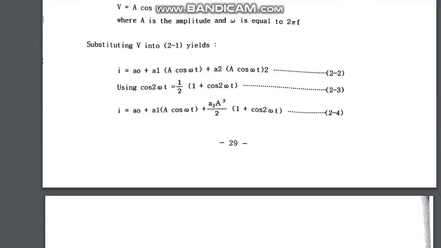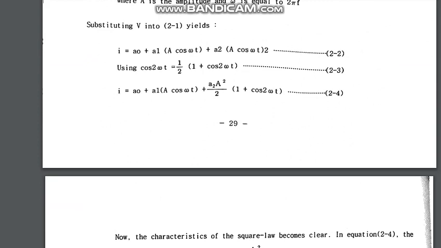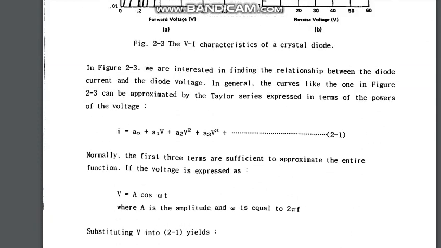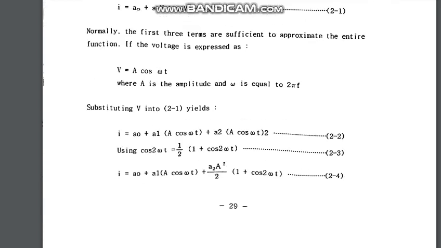Okay, so there are long calculations going through to the square law. That is the famous Taylor series of the voltage, and as you can see, that is the Taylor series. If we put the value of V as the AC signal value, then you can get the series like that.